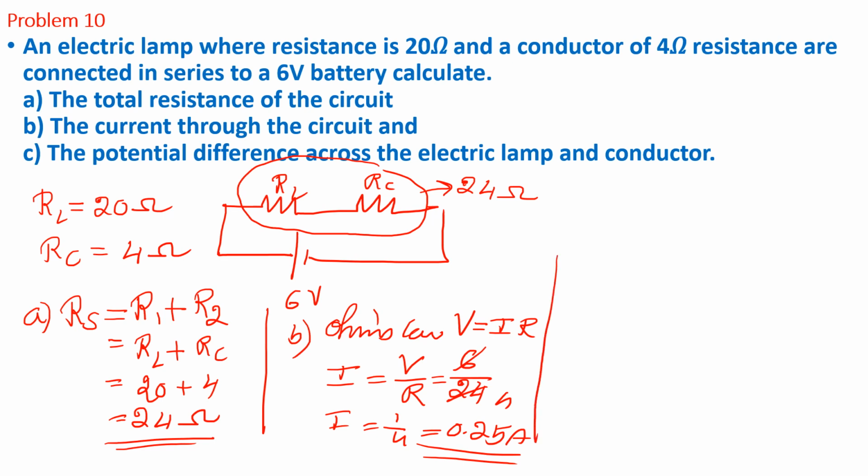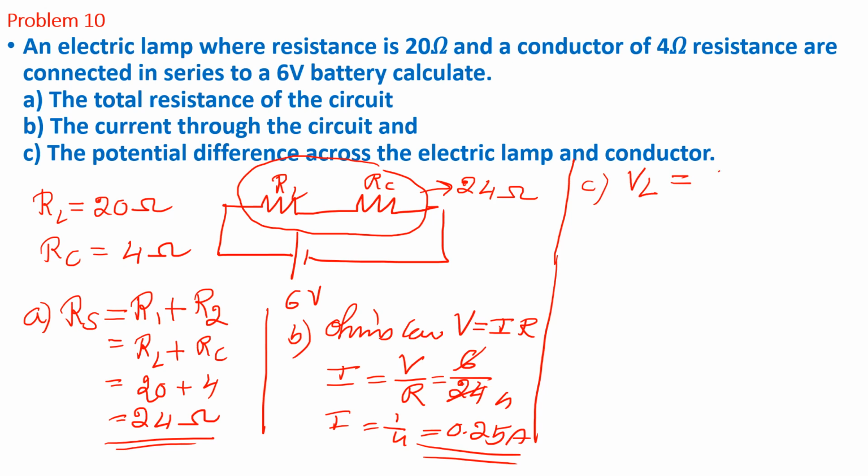And what is the third sub question? In the third sub question they have asked two values. First one is the potential difference across the lamp, and the potential difference across the conductor as well. So I will find out the potential difference across the lamp first. So VL, in a series combination, the potential difference gets divided.